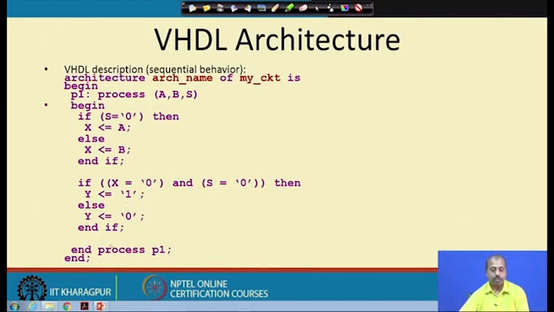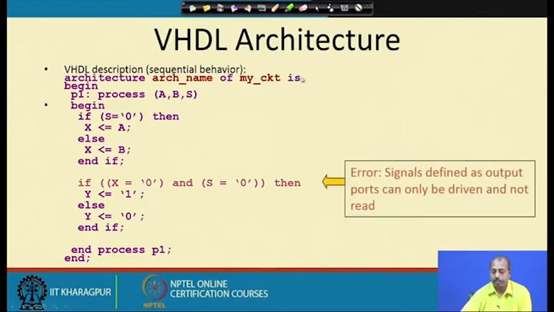This is the process description, and the process output depends on the signals A, B and S. They define the values on which this process is going to change. If there is a change in the values of A, B and S, then this description has to be followed to determine the values of x and y. That is what is done by this VHDL architecture block.